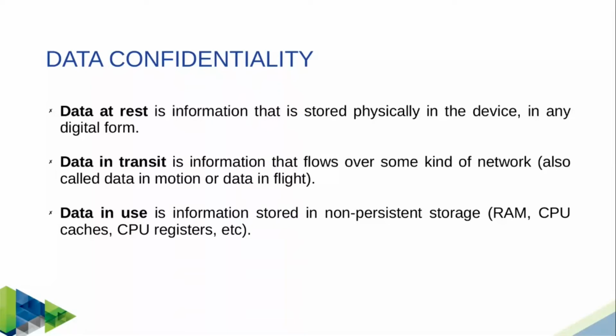And when we think about data in use, the cost to mitigate this specific risk is really high. So you have to think twice if you want to really protect this kind of information. So it's always a risk management thing, security. In the presentation, we're going to focus on data at rest and data in transit.